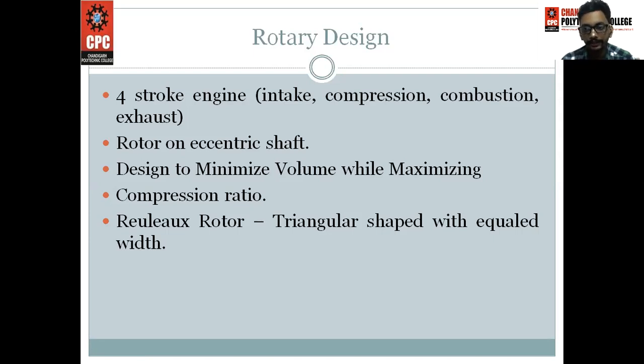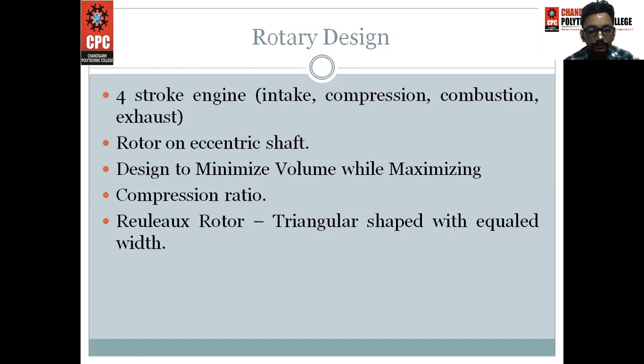The last stage is the exhaust port. The rotor runs on an eccentric shaft. The eccentric shaft rotates the whole three-sided rotor in the Wankel design. The design of the rotary engine minimizes volume while maximizing the compression ratio.